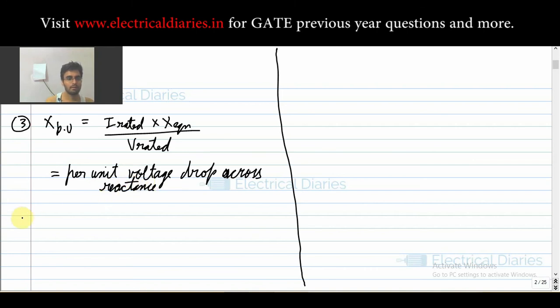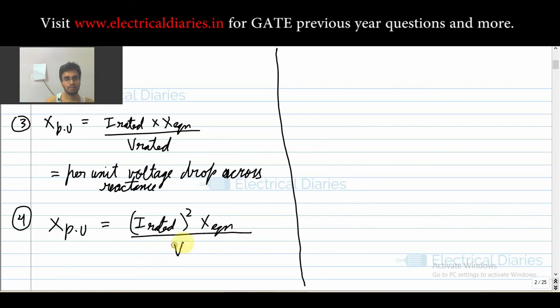Now the fourth thing that we should know is your X per unit can also be written in this fashion, on the same analogy that we have derived for the R per unit, that is I rated square X equivalent divided by V rated into I rated. So it can be written as what?